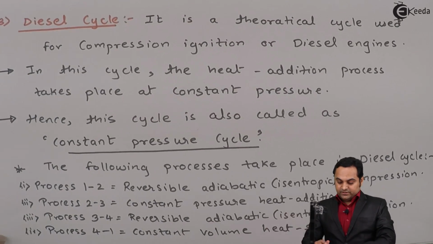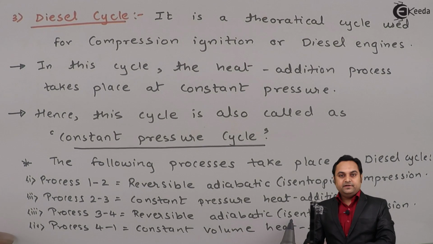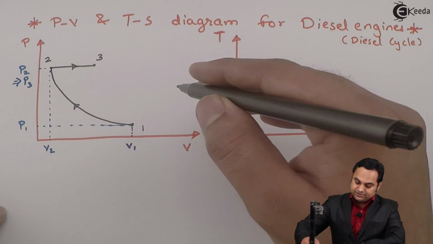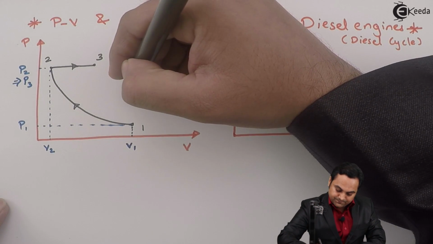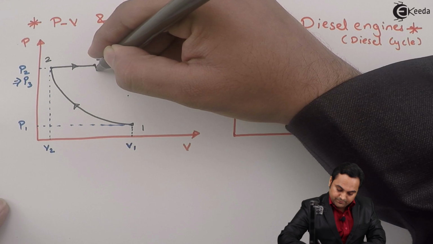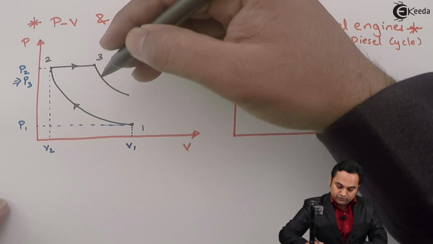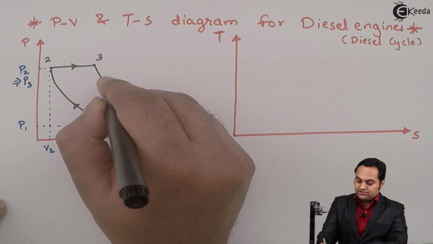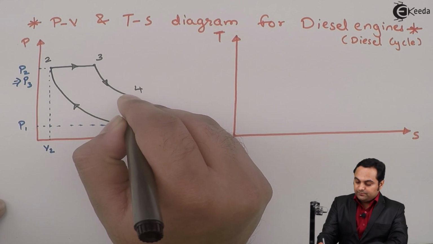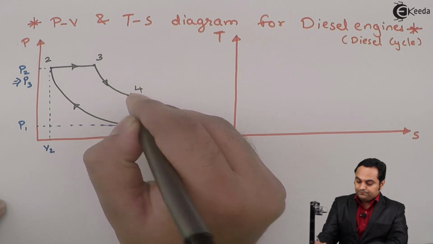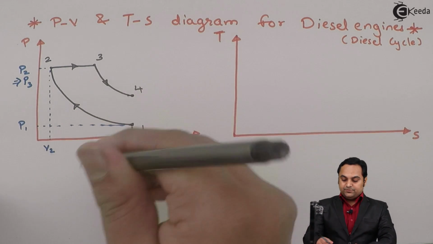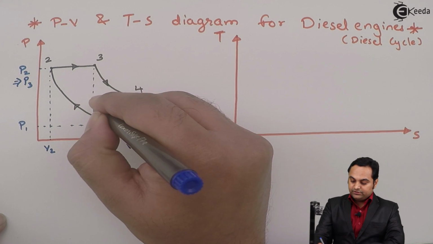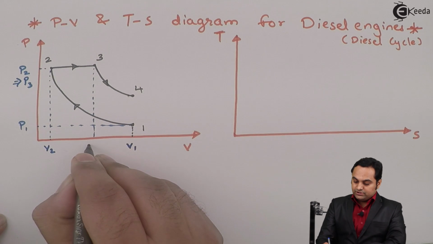Next, process 3 to 4 is reversible adiabatic, that is isentropic expansion. So after the compression and heat addition process, there is expansion, and it will be a curve as it was for compression. Similarly, we will have a curve for expansion as well, that is we reach at point number 4. When the expansion process takes place, the volume at point 3 was less.